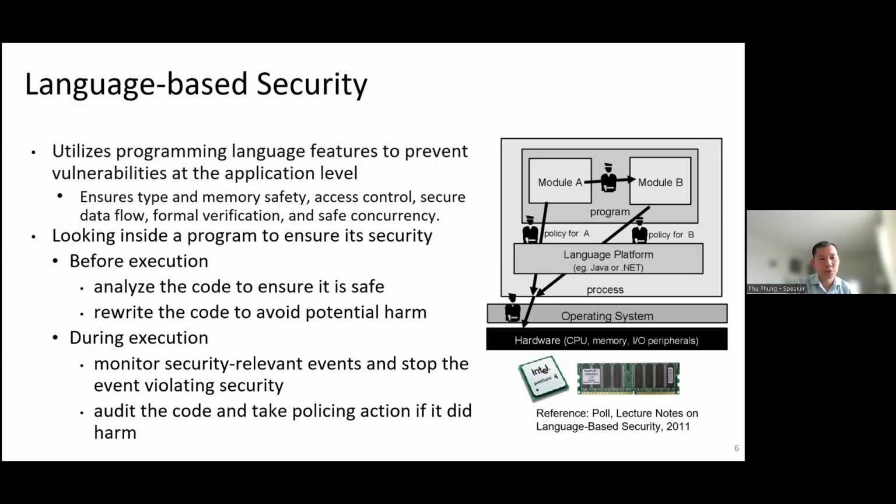Or during the execution, we can also monitor the behavior. And if the behavior violates some security policy, we can stop that behavior, or we can audit the code to take a policy action.